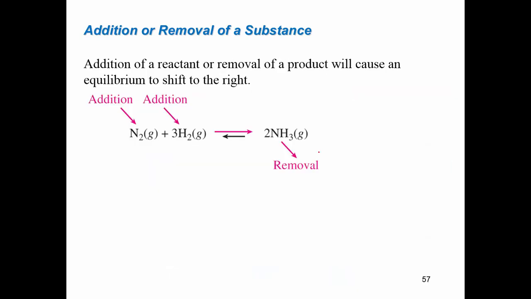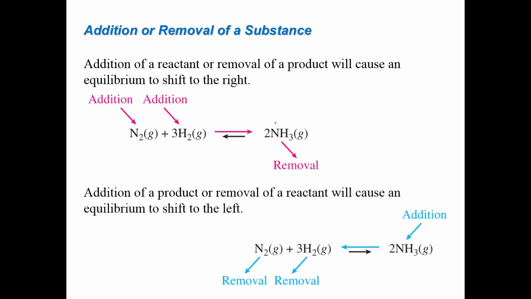So if we add any of our reactants, or if we remove ammonia, this is a process to make ammonia. So if we remove that ammonia, we will shift the reaction to the right, towards the production of more products. If we add a product or remove a reactant, we will end up shifting the equilibrium towards the left.